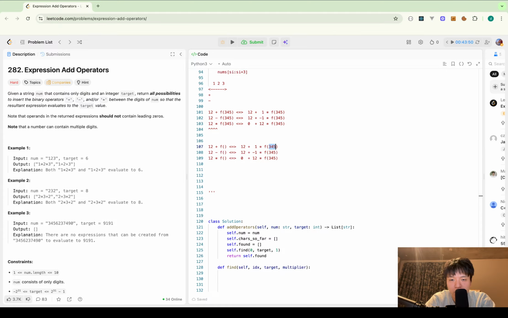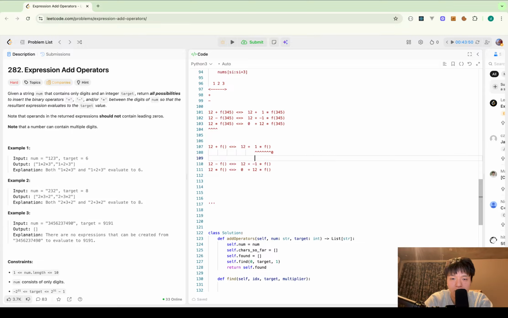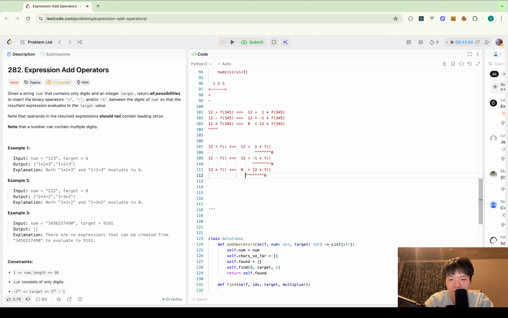In that case, how should I treat this, 1 times, negative 1 times, 12 times? So here, I should treat it as 0. And for this, it should be 0. Oh, sorry. How about this case? In this case, I should treat this as 12.